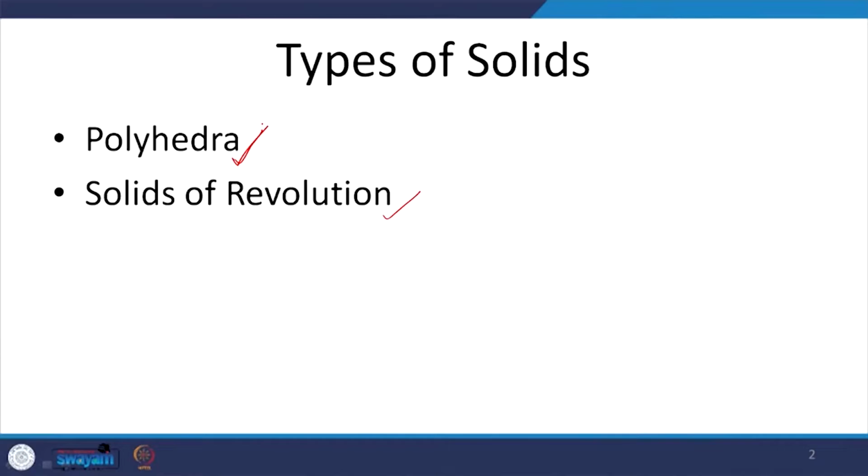It will just be a combination of various different faces put together, which makes these solids called polyhedra. The solids which come under the category of solids of revolution are the solids which are formed by revolving any one shape about a central axis. We will see what the different types of solids in each of these categories are today before we move on to orthographic projection.